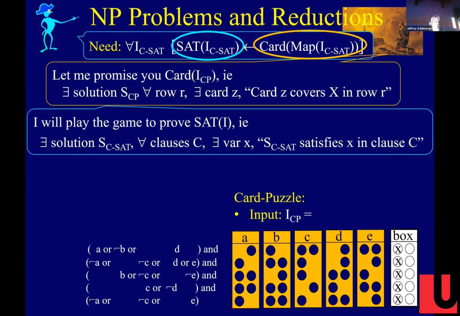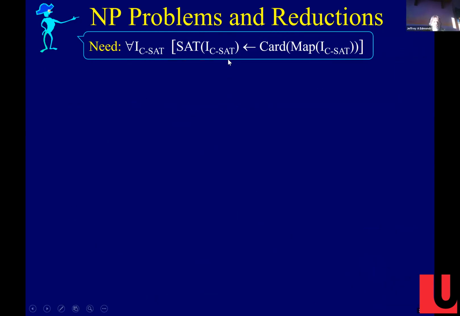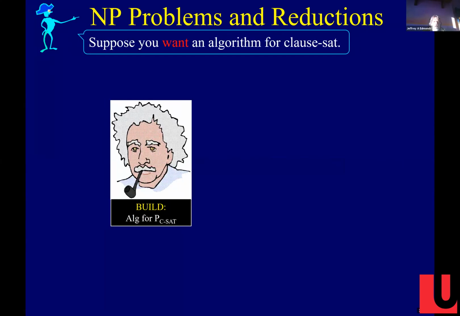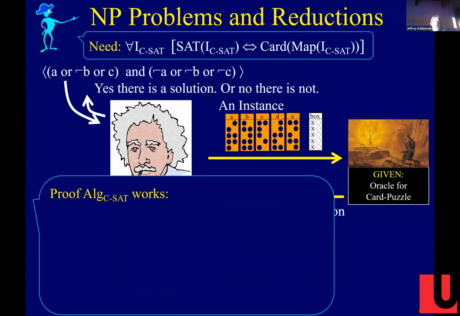Now we have to also prove the other direction. So when we're proving the game, for every bunch of clauses, we also have to prove that if the clauses are satisfiable, then the cards are satisfiable.